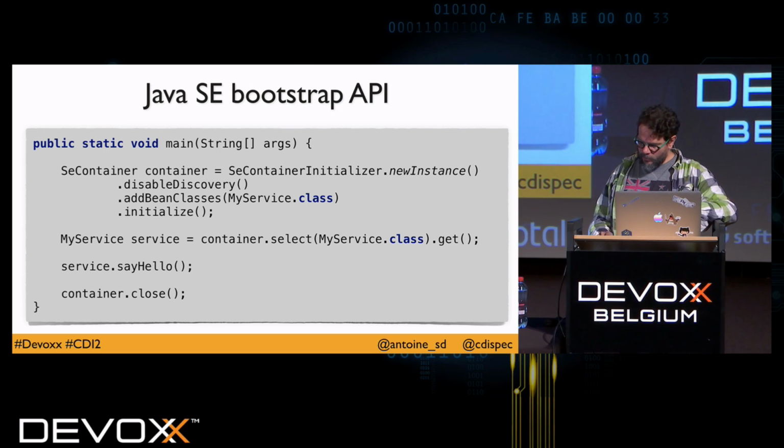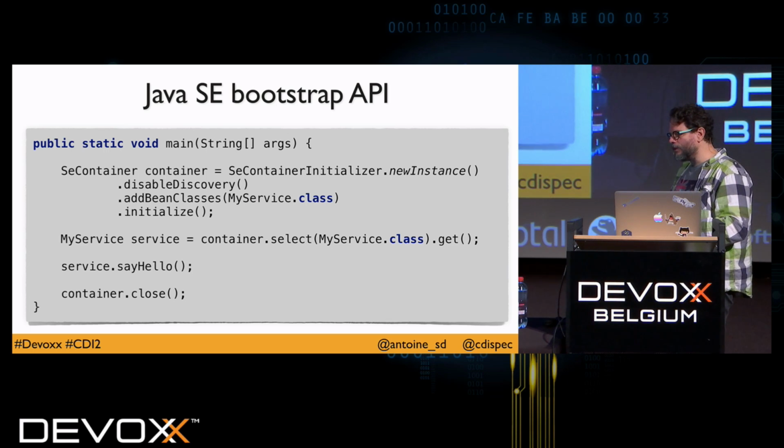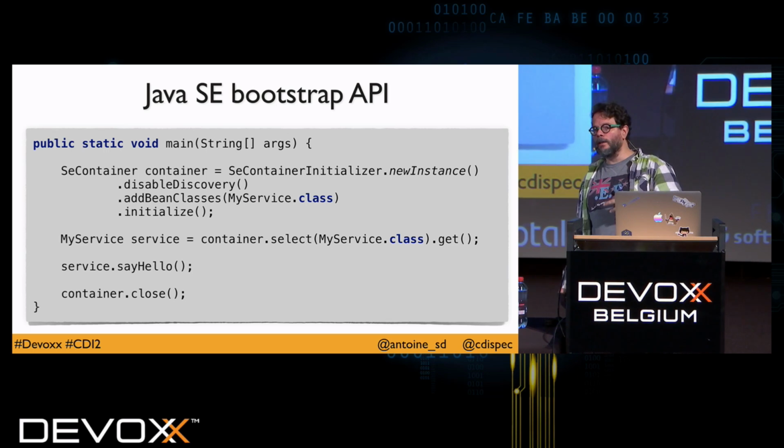So here we disable discovery, so we avoid having all the classes in the class path discovered by CDI. And we add the classes that we want discovered during this configuration phase. There are a lot of other things you can add.